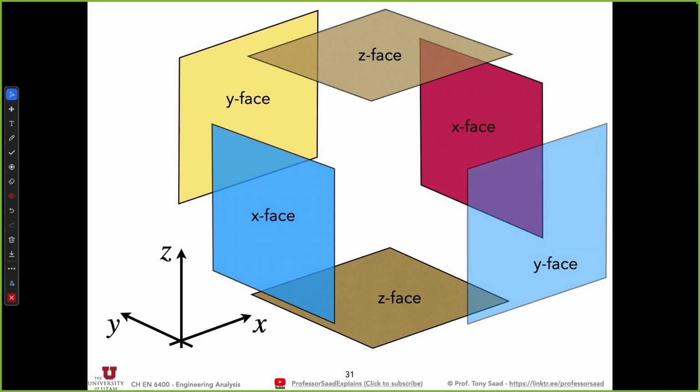Y faces are faces that are perpendicular to the y-axis. And z faces are faces that are perpendicular to the z-axis. So when I tell you this is the flux going through an x face, this immediately tells you this is going through the x direction. Flux going through the y faces, that's flux going in the y direction. Flux going through z faces, that's flux going through the z direction.